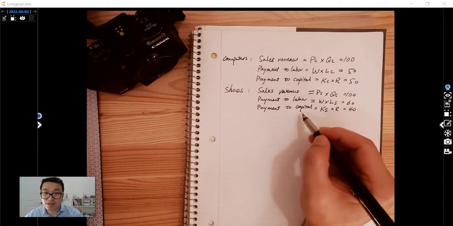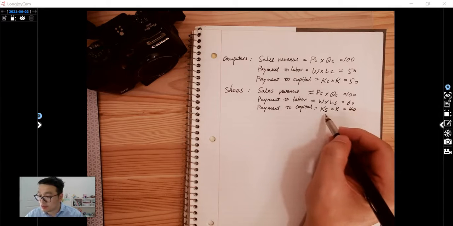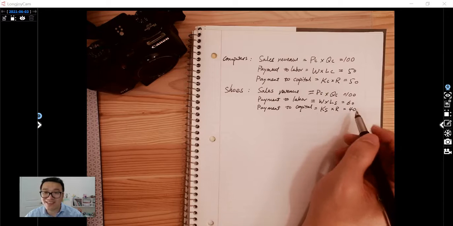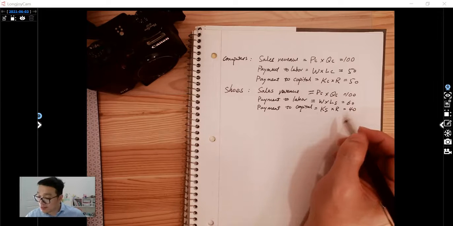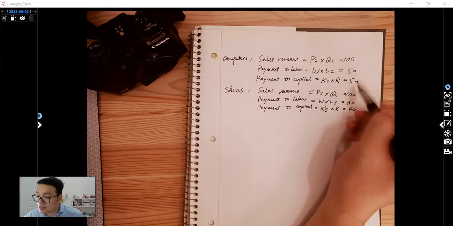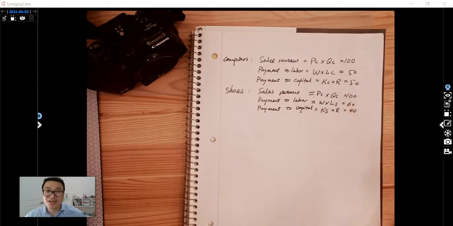For the capital, we have KS, the capital used in the shoes industry, times the rental on capital, equals $40. You may notice these numbers are not random. Adding 50 plus 50, you get 100. Adding 60 plus 40, you get 100. This is not a coincidence.